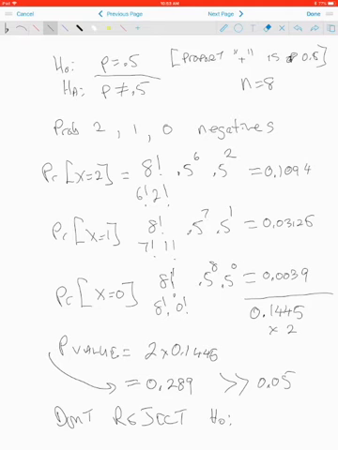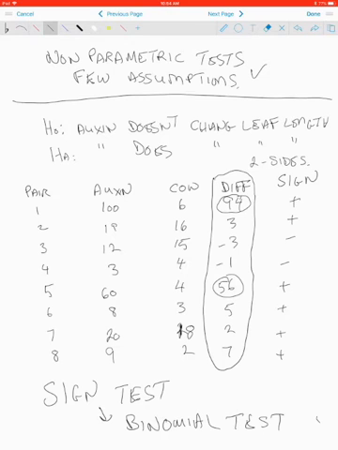As I said, you set this up as if you're going to do a paired t-test. If you have data for a paired t-test, you set it up as if you're going to do it. That's the test you really want to do. It's a more powerful test. Calculate the differences and look at them.